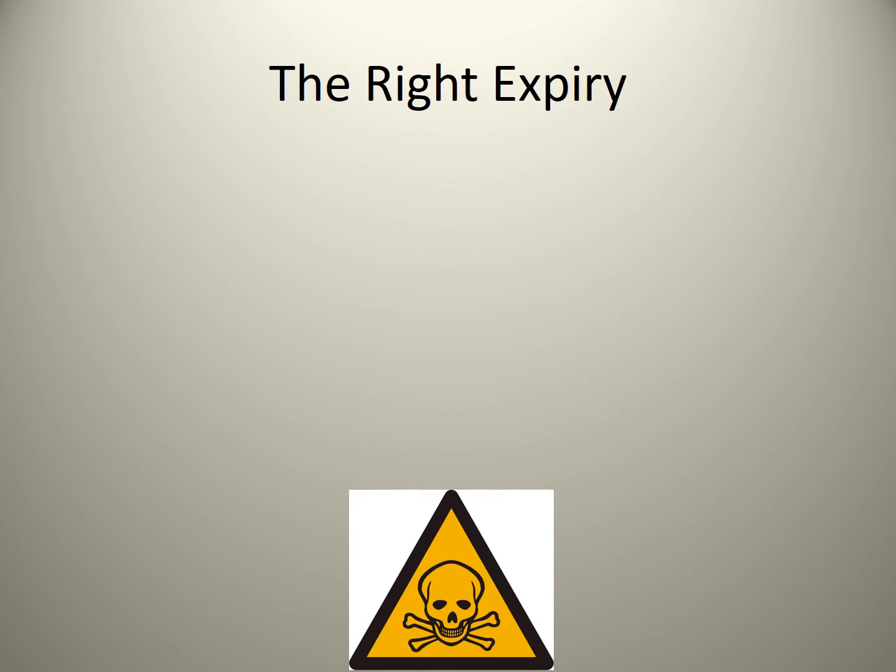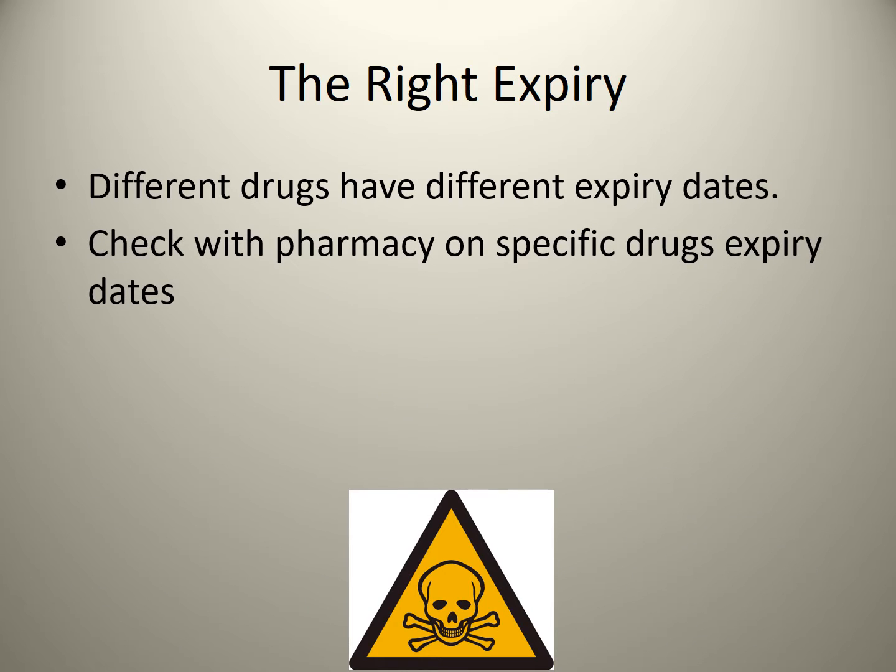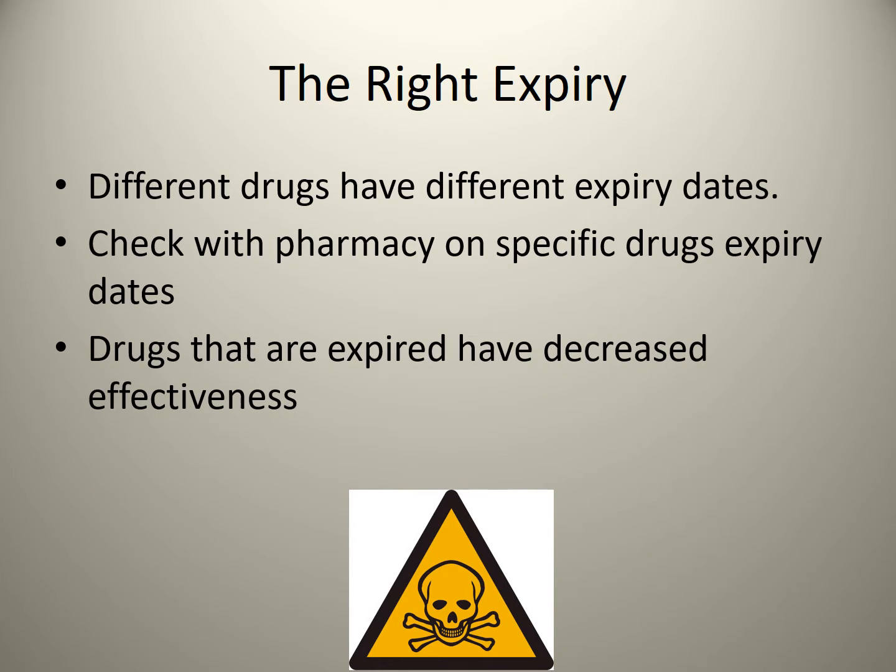The right expiry. This involves checking expiry dates on all of our medications before we administer them. Different drugs have different expiry dates. The pharmacies would know the specifics on what expires when. Drugs that are expired have a decreased effectiveness, therefore they don't work as they should.